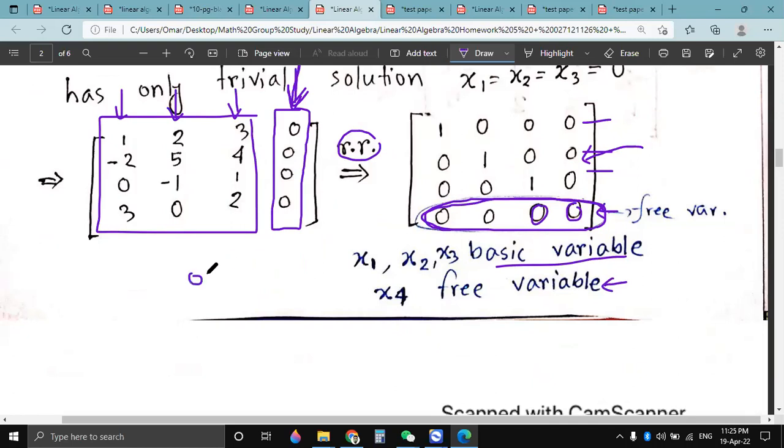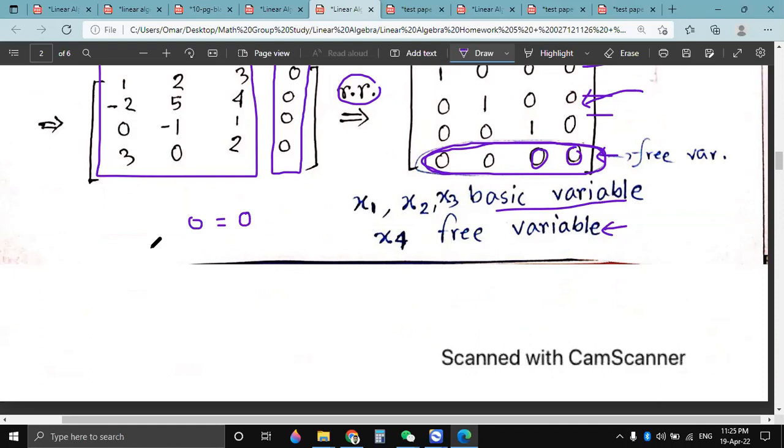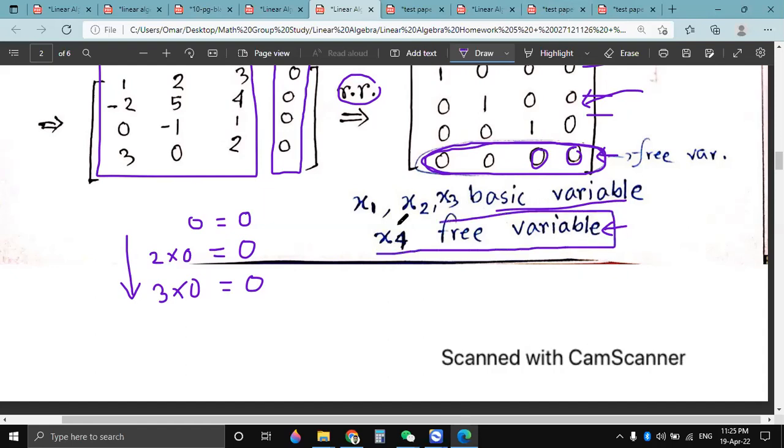So 0 equal to 0 has so many possibilities. Okay, let me show you. I can say 2 multiply 0 is 0, right? I can say 3 multiply 0 is also 0. So this way it has a lot of choice. So we can say that this x4 is a free variable.